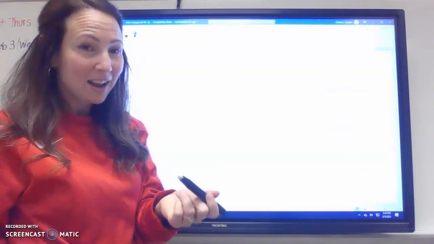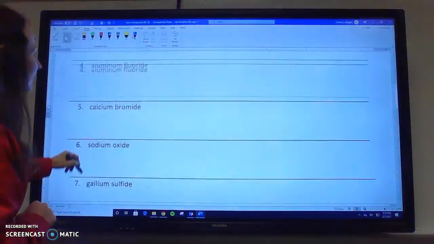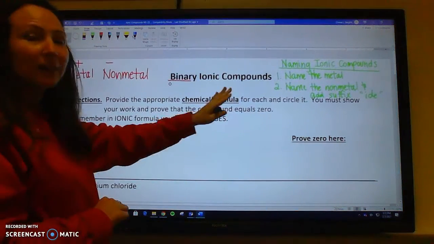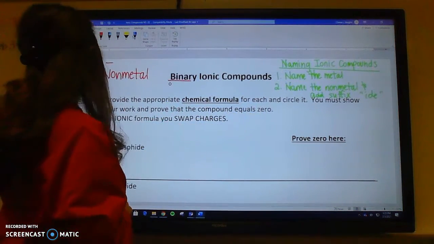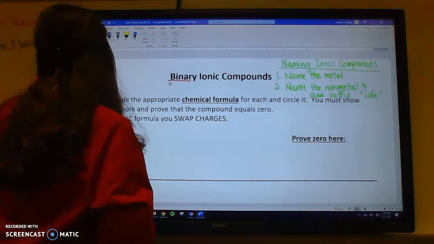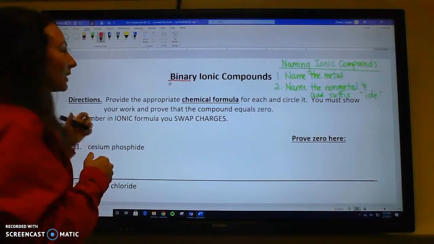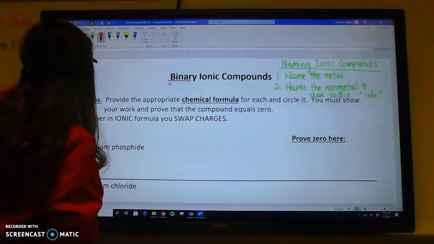Now I got to go over how to actually write the formulas out. So let's back up. All right, you've got this written down, and if not, if you're still copying, pause the video and write that. But I'm going to write some steps over here for writing the formulas. Okay, so this is going to be writing the formulas.